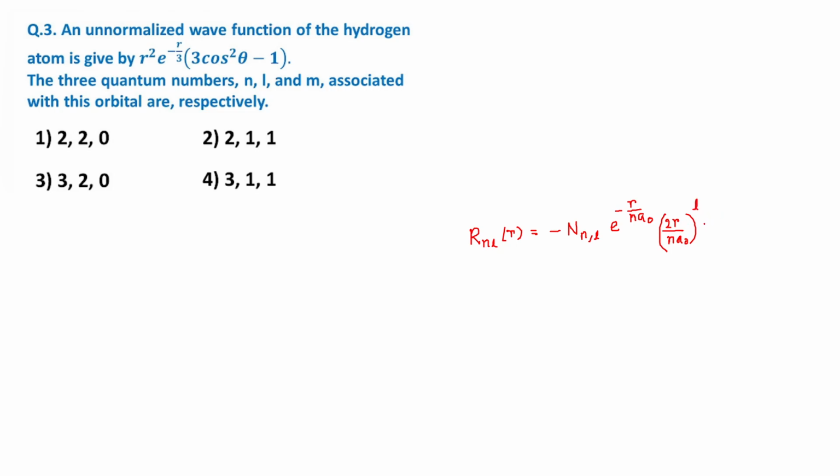L is the azimuthal quantum number, and then 2l plus 1, and here n plus l of 2r by n a naught.